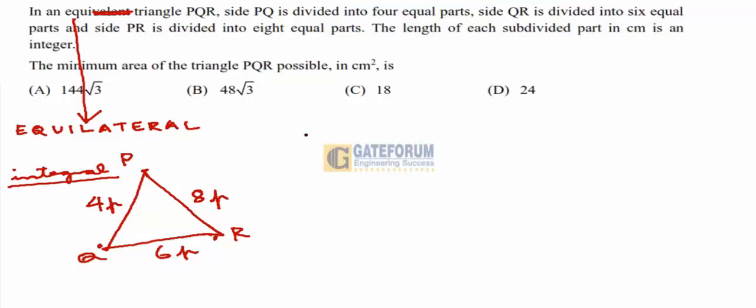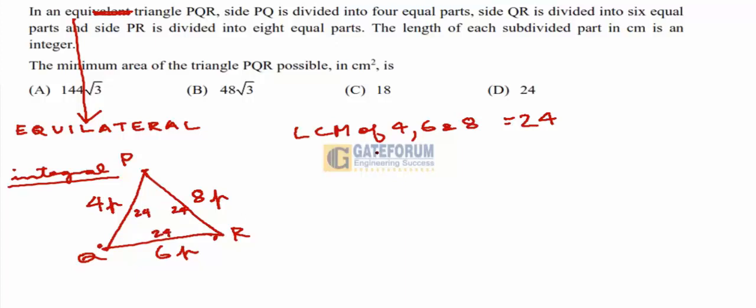So how do I find that? Minimum side, which is perfectly divisible by 4, 6, and 8. Simply find the LCM of 4, 6, and 8. Now 4 and 8, the LCM is 8. 6 and 8, the LCM is 24. So I will say 24. So immediately I will say that each side must be equal to 24.